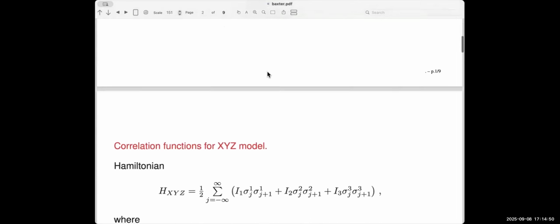So my talk is about rather not very recent, I would say, work, but it is a work. This work concerns the XYZ model, and the XYZ model is one of the most ingenious results by Professor Baxter, and that's why I thought that it would be nice to talk about this work here.